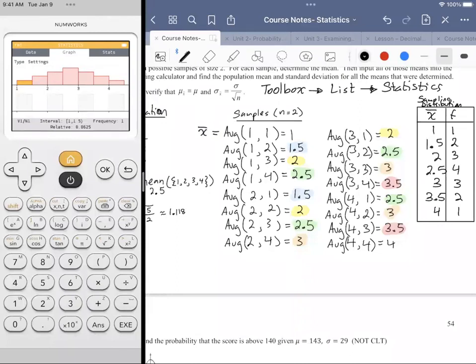It looks like it has the right general shape. Maybe it's not, but it's more likely to be a normal distribution than this. This is a uniform distribution. The ones, the twos, the threes, and the fours all occur the same number of times.